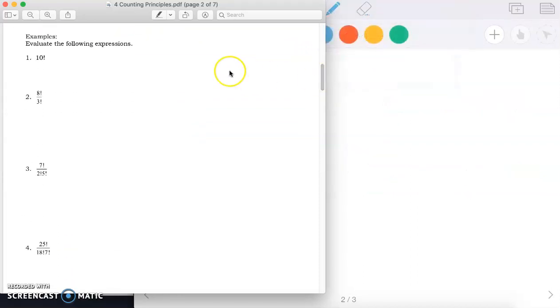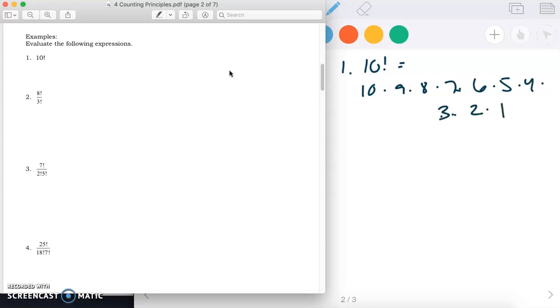I'll show you in a little bit. Here, we're going to go through some examples. Number 1, we have 10 factorial, which equals 10 times 9 times 8 times 7 times 6 times 5 times 4 times 3 times 2 times 1. Now you can write that out manually.